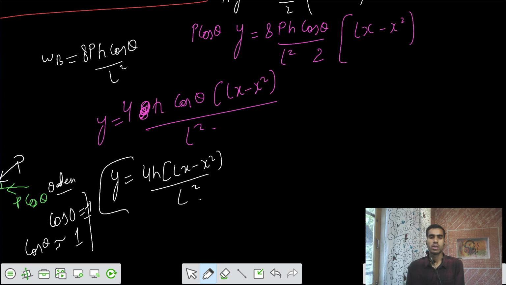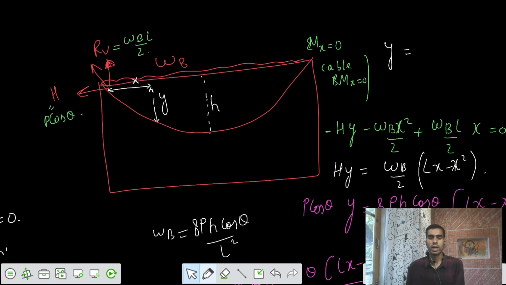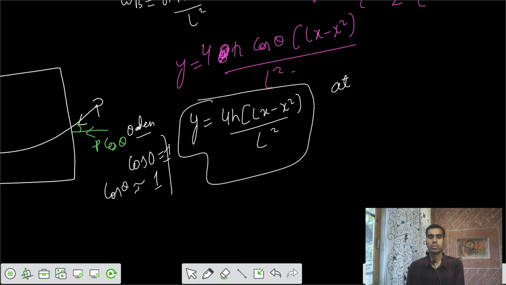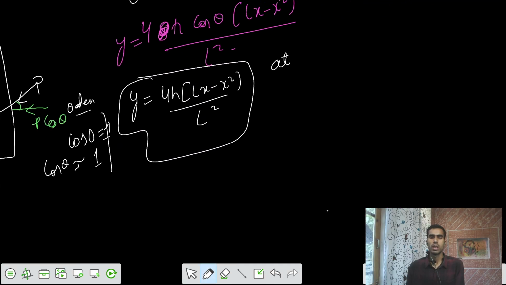If I keep the origin at the support, and go to the value of X equals L by 2, at that location the value of Y should be equal to H. I want to check that.